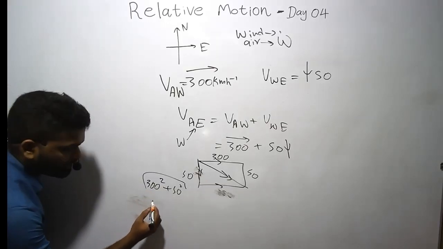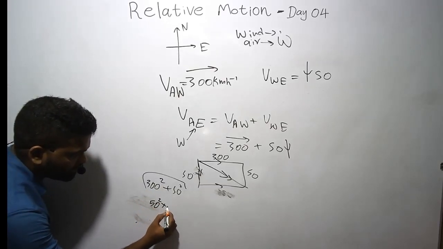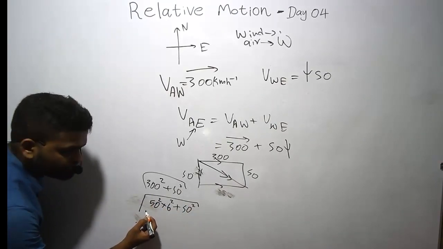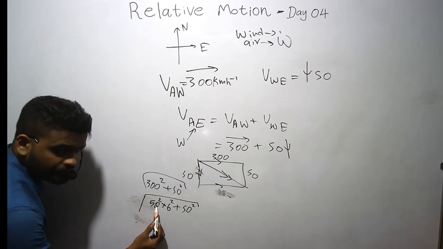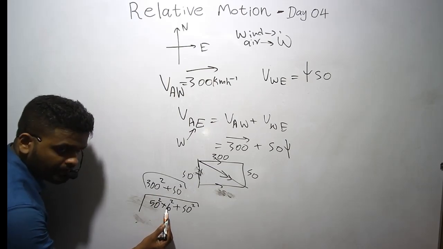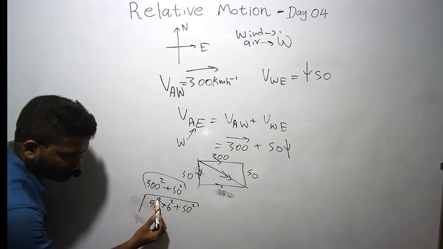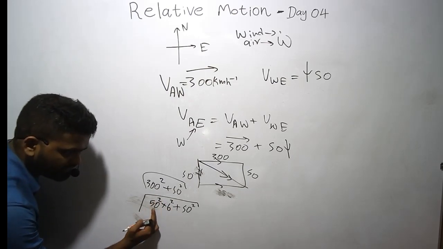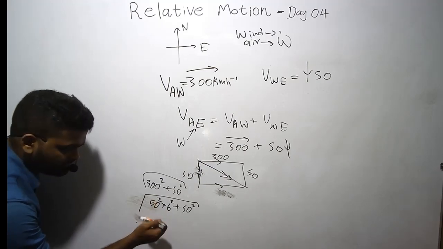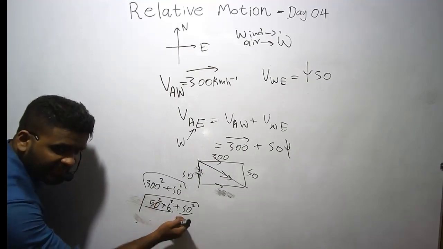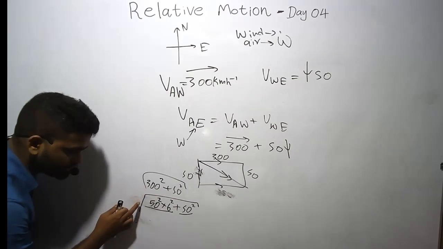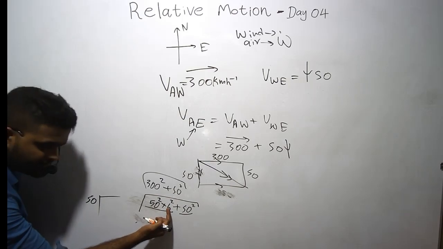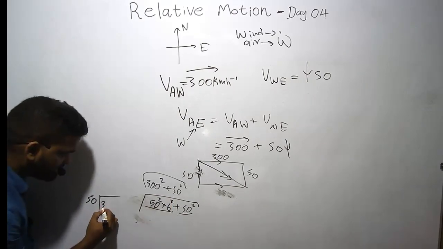So this 300 squared, I can write this as 50 squared times 6 squared plus 50 squared. Understood? 300 can be written as 50 times 6. Square is applied for 50 and 6. Then from these two terms, take 50 squared out. What do you get? You get 50. So inside it remains 6 squared, which is 36.